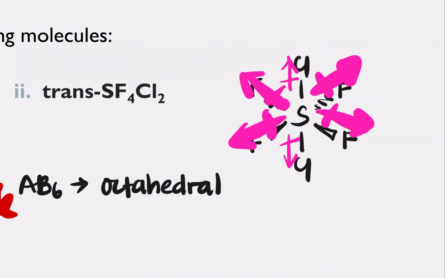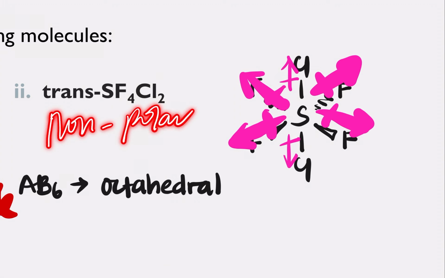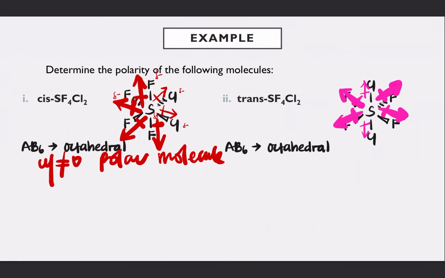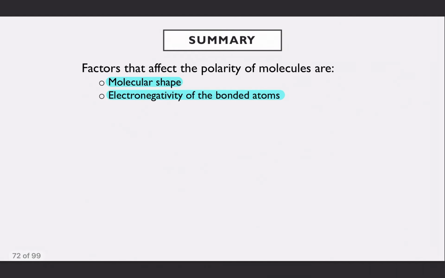So that means your trans SF4Cl2 molecule is a non-polar molecule, because the resultant dipole moment is cancelled out by each other, meaning your mu is equal to 0. Alright? Okay, so that's the last example.